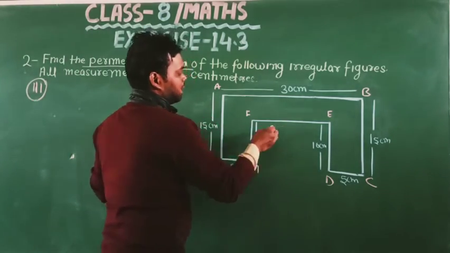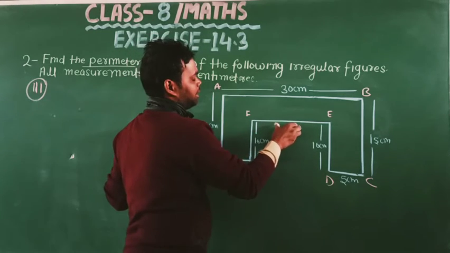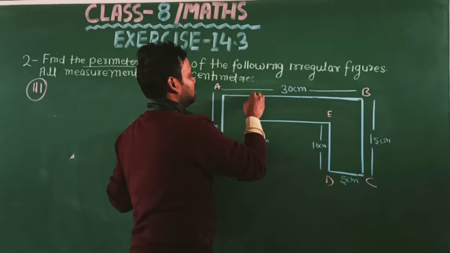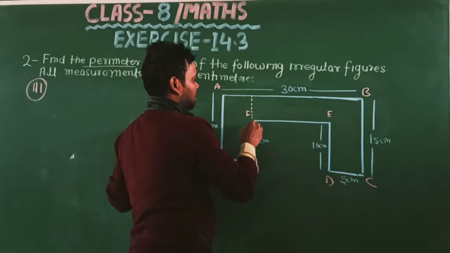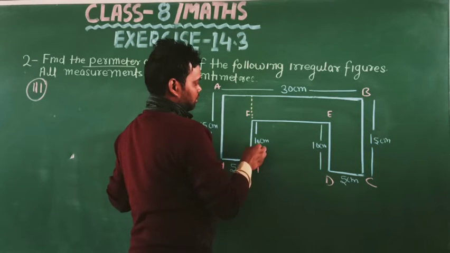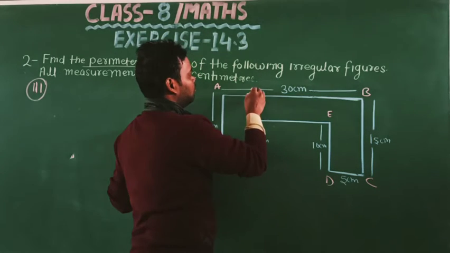So this side is determined by measurement. Extend GF to M. Okay.